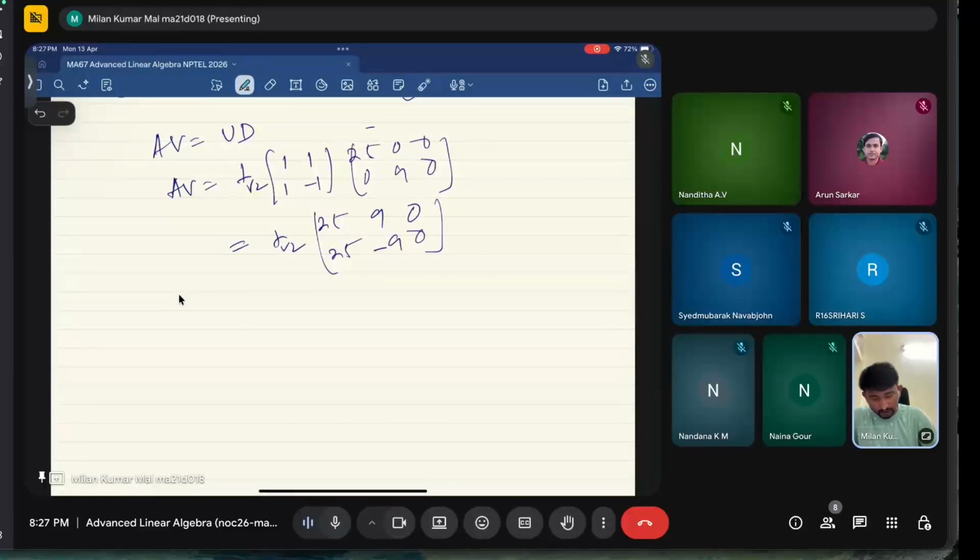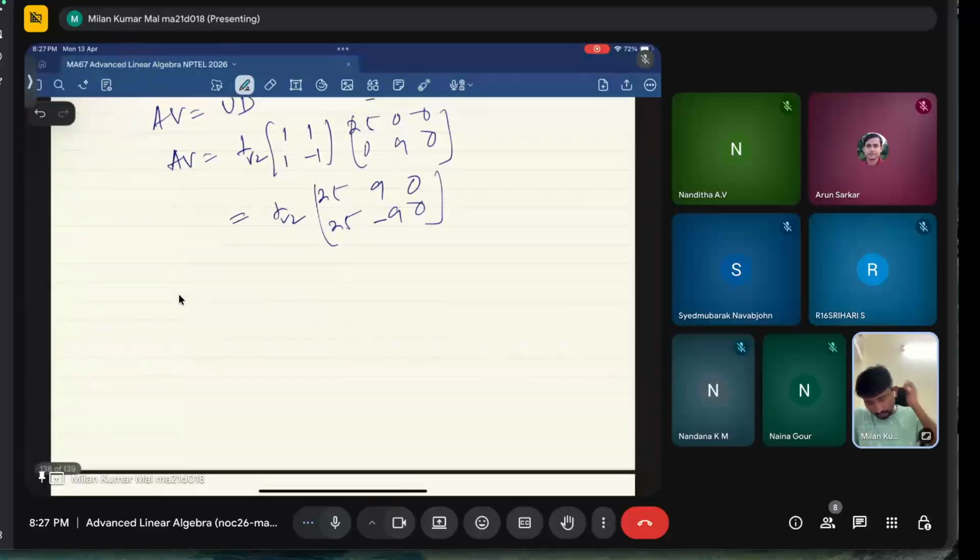So that means if you consider the columns of the matrix V, it is V1, V2, and that has to be equal to columns of this. Okay. So V can be written as equal to A star, what we obtained.